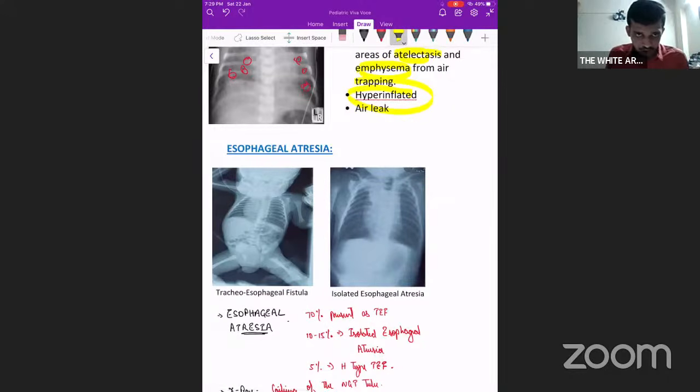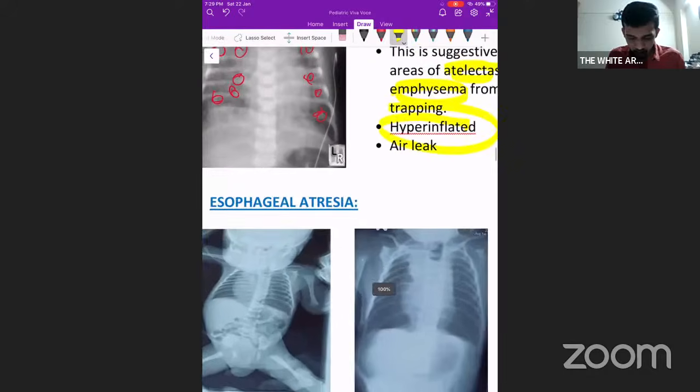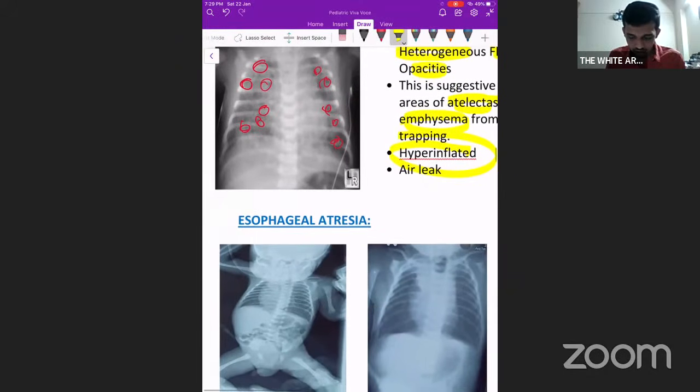Next is esophageal atresia. Can anyone differentiate what is the difference between the first X-ray and the second X-ray? Both are esophageal atresias. Can anyone make out the difference?